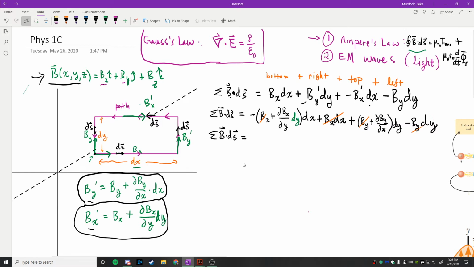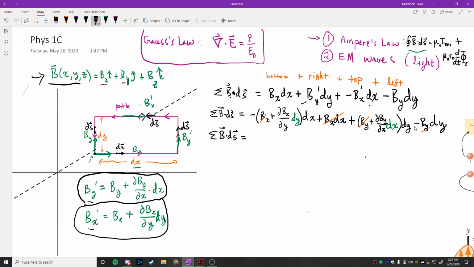I'll do it in a different color, which is probably a way of indicating that I made a mistake. And I think there should have been a dx right here. Sorry about that. That whole thing there is by prime, or this is bx prime, right? bx plus del bx dy. Okay, I think we're good now. I apologize for that. There are so many little subscripts and things that you can mix up here.